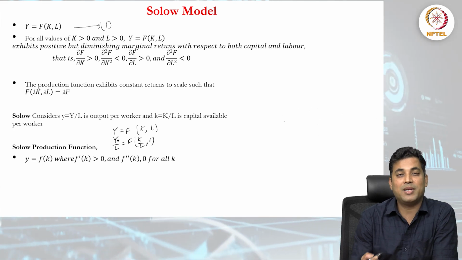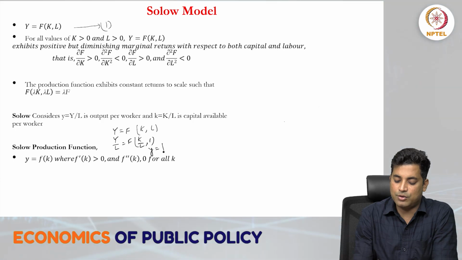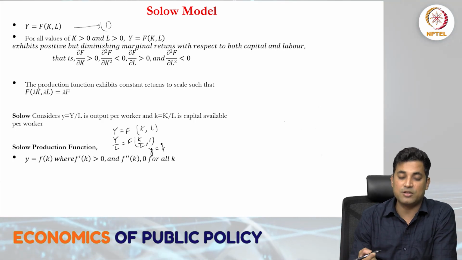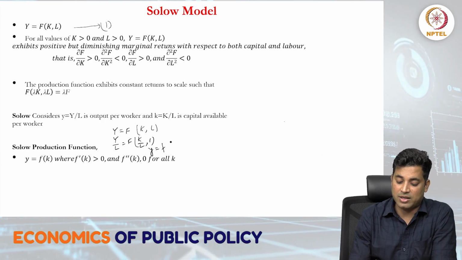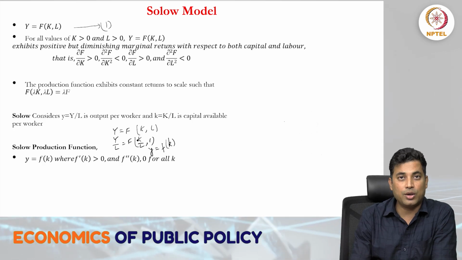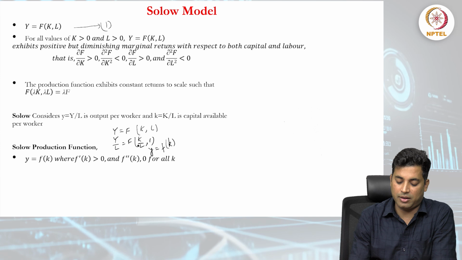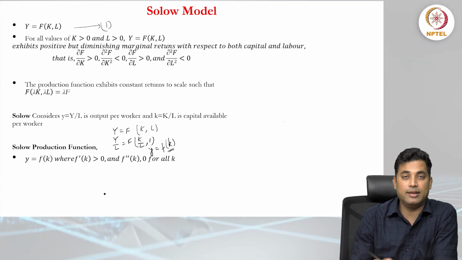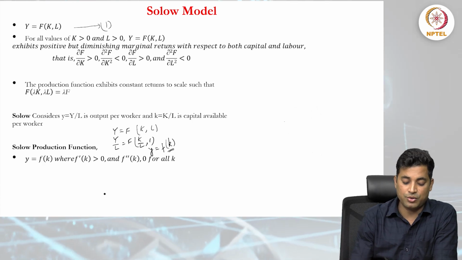So one can write small y, which is output per worker, as equal to a function, and we are giving a different denotation, small f, as a functional relationship, and here small k is not total capital but capital per worker. This is the equation that Solow used to define the production function.